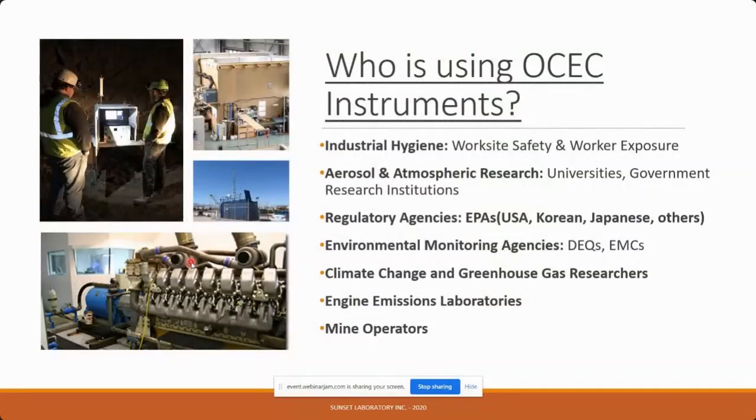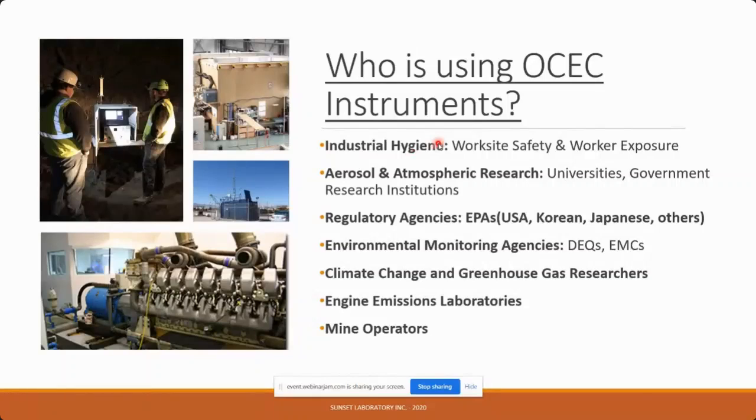So at this point, I like to talk about the people that are using our instruments, and who and why they are doing it. We started in the industrial hygiene community. The people quantifying OCEC are typically in the mining community. This is worksite safety and worker exposure studies.